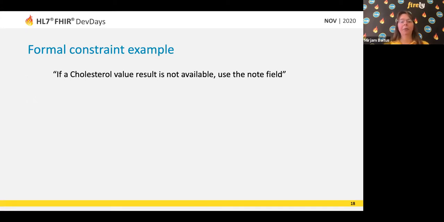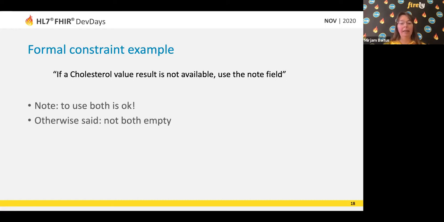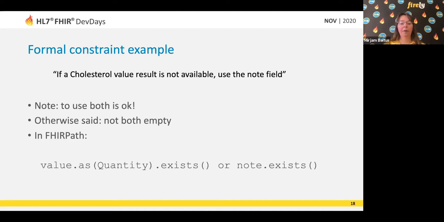That second one, where we have two fields. We have to take a look at this and then create that FHIRPath expression. If you look at this correctly, then you see that you can fill in both. It's just that they can't both be empty. And that can be put inside of a FHIRPath expression.